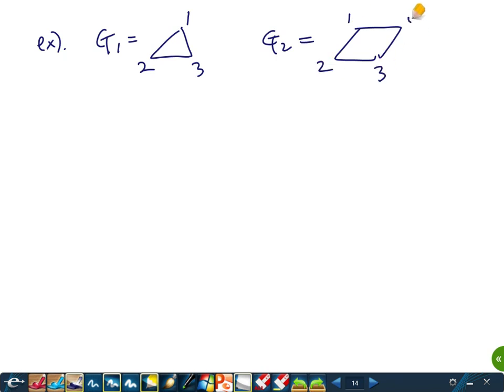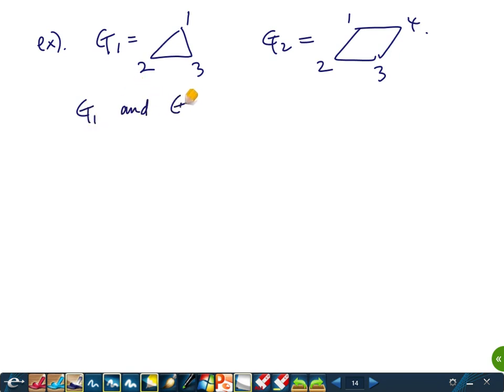So for example, let's say G1 equals this, 1, 2, 3. G2 equals this, 1, 2, 3, 4. Of course, we immediately can see that they cannot be isomorphic. But how can we prove this precisely? The proof goes as follows.